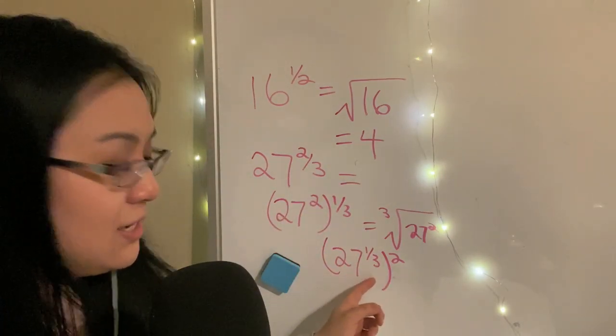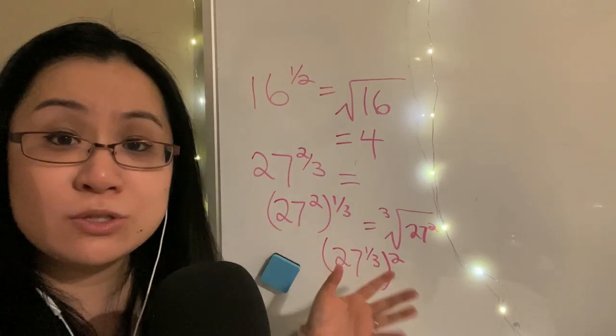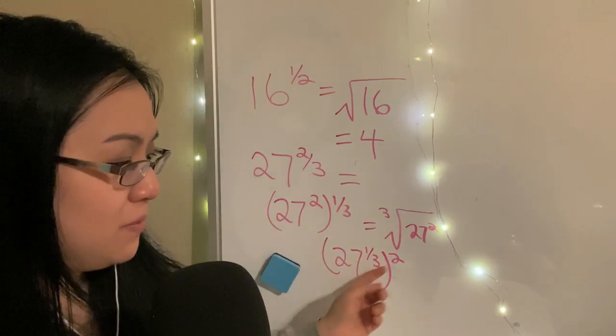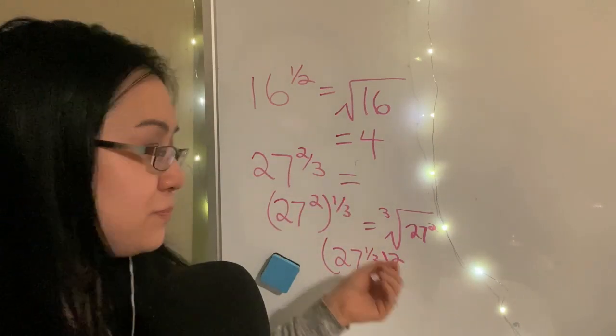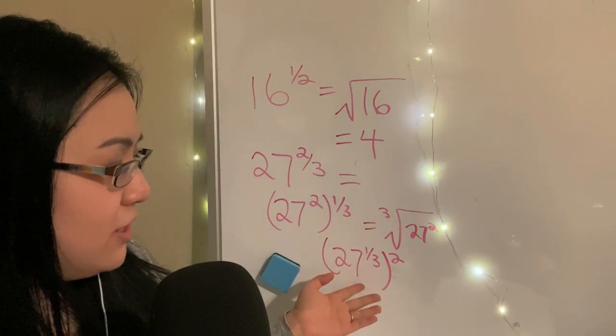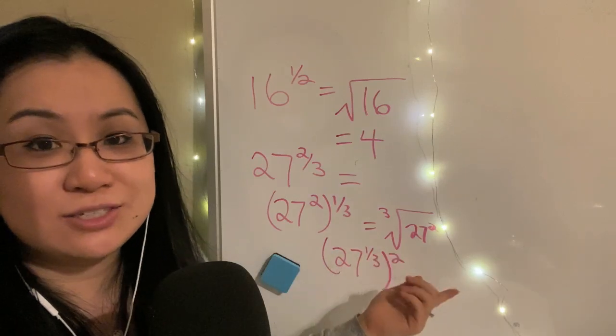So I can go ahead and take the cube root of 27 first, which we said was 3. We got it before. So all we would really have to do is square our answer to get 9. So in this particular case, we can actually go ahead and take the cube root first and then square it.